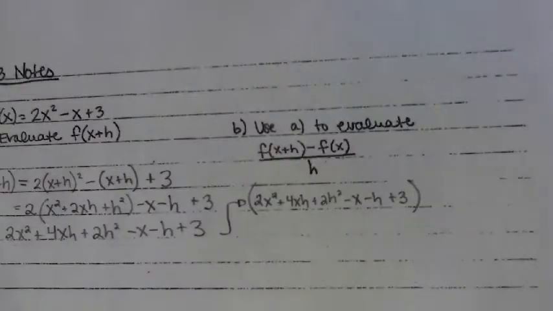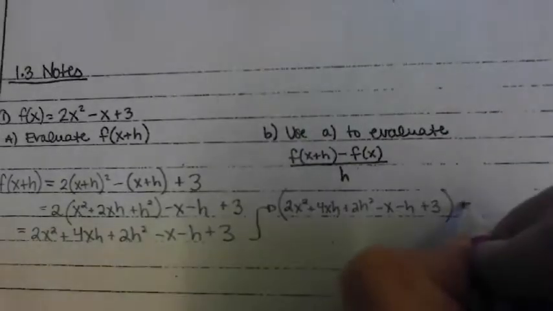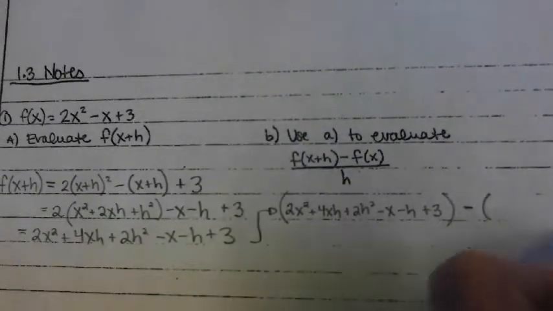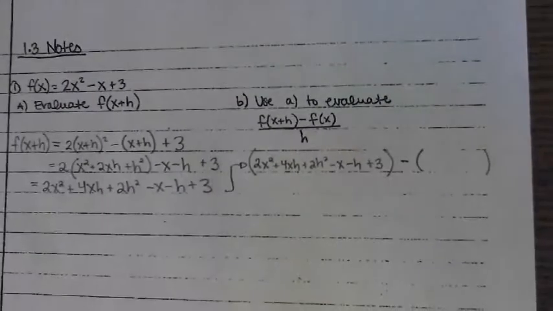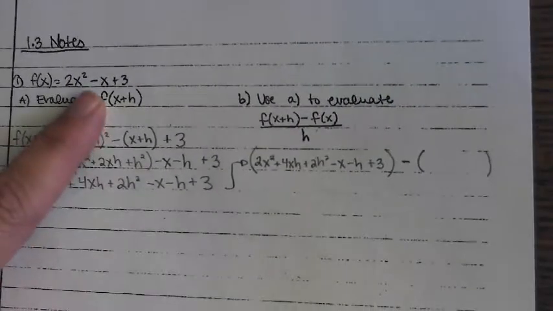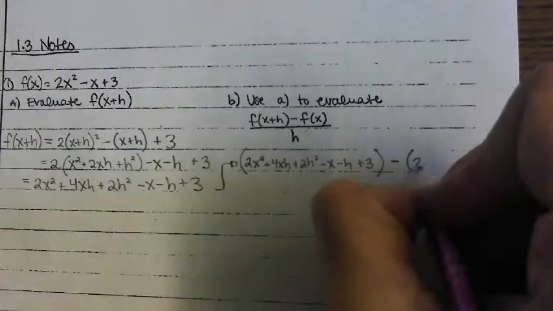There's my f of x plus h. Minus f of x. Now, again, f of x was given to us. It's a trinomial. It's this 2x squared minus x plus 3. So keep it locked up in parentheses.